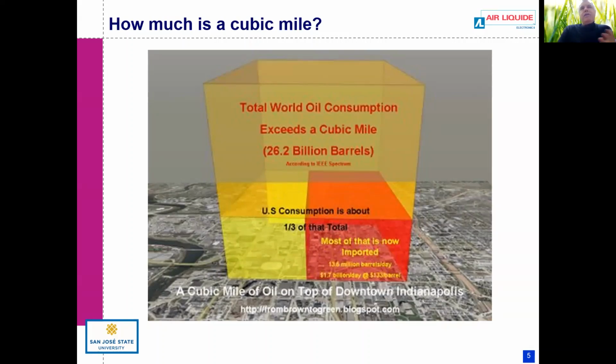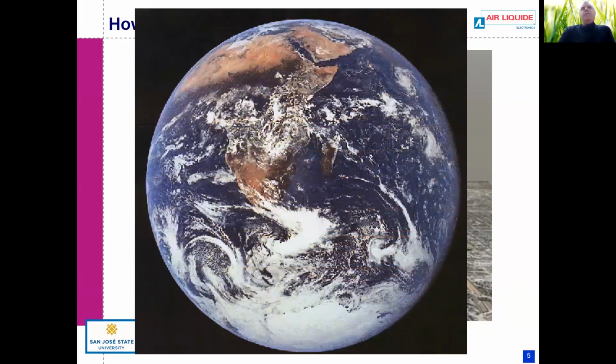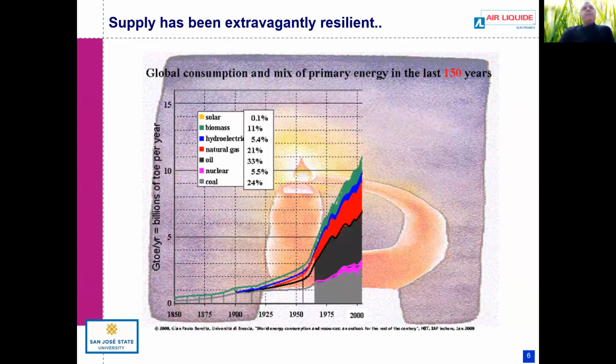We've been doing this for many years now. So there's the Earth, right? And there's a lot of square miles, so there's a lot of places to look for oil, but it's not everywhere, that's for sure.